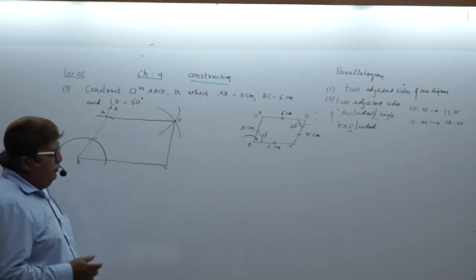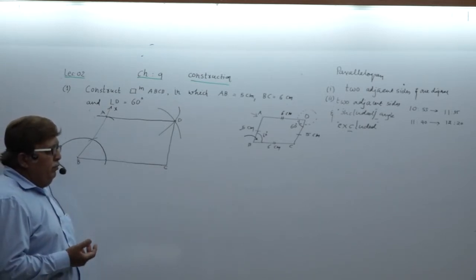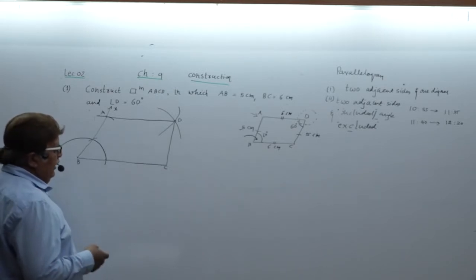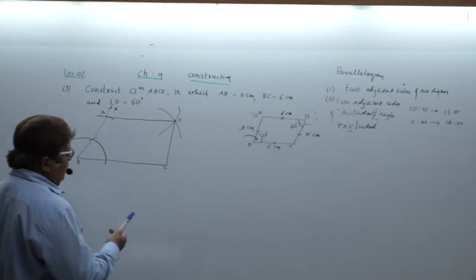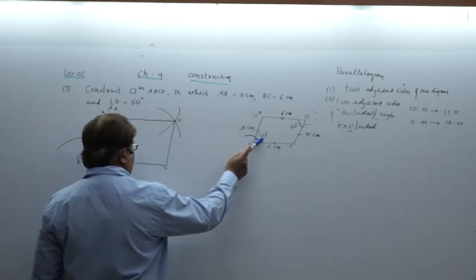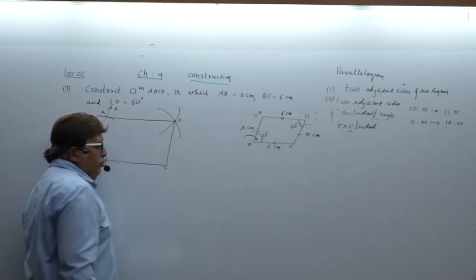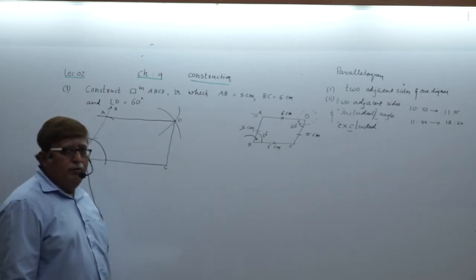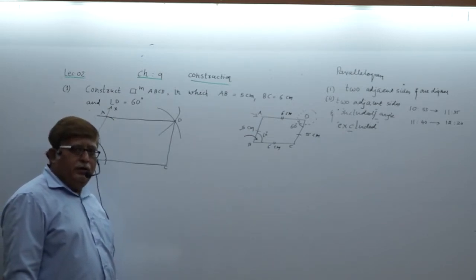a parallelogram under this condition when two adjacent sides are given and you may be given the included angle, or you may be given the excluded angle. Understand?